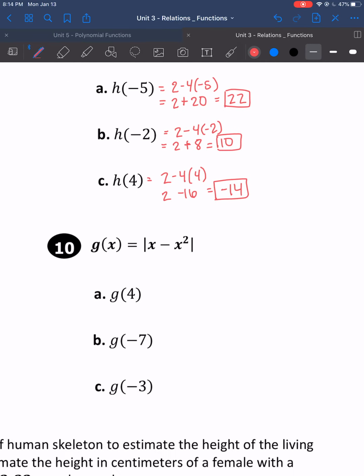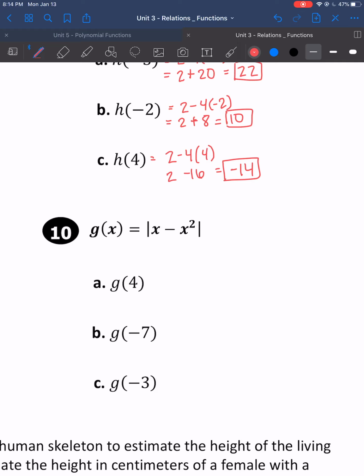So we've talked briefly about what an absolute value means. If I give you the absolute value of negative 2, that's going to give me a positive 2. It's going to turn whatever number is inside of it, if it's negative, positive. And if it's a positive thing, then it's just positive. So this one's g of x, and we're going to find g of 4.